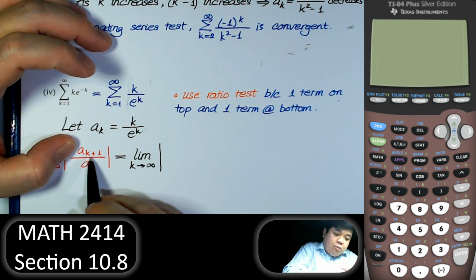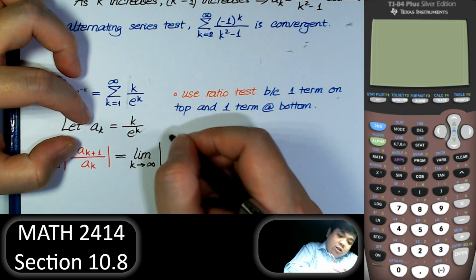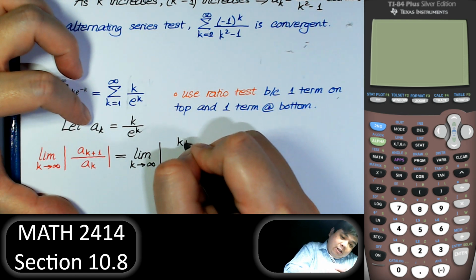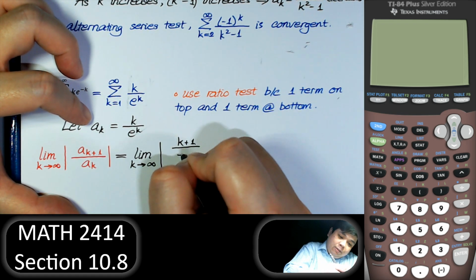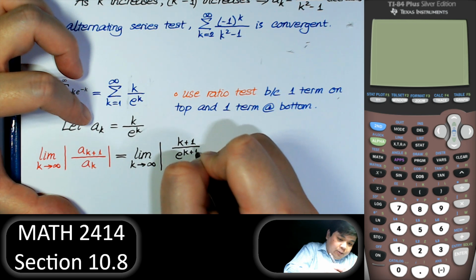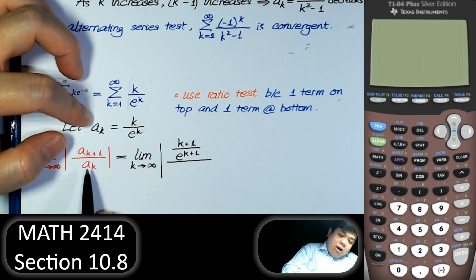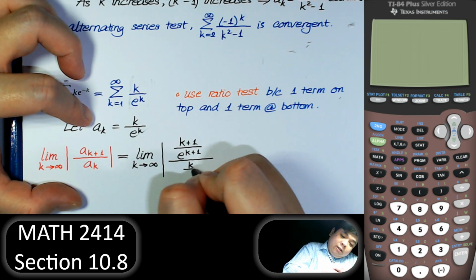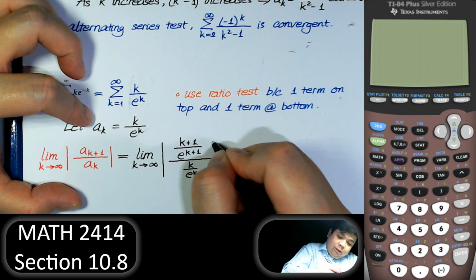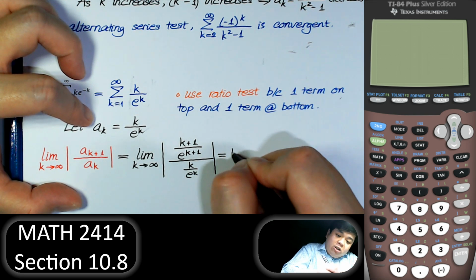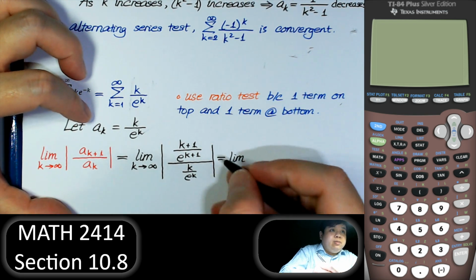So we have a of k plus 1. We're going to put k plus 1 top and bottom there for k. And then divide by a of k, the same thing. Dividing a fraction is multiplying by the reciprocal.